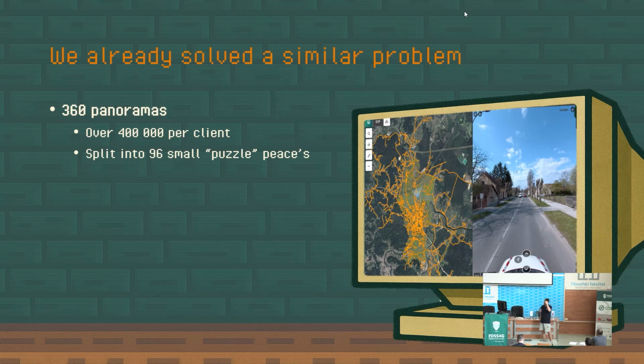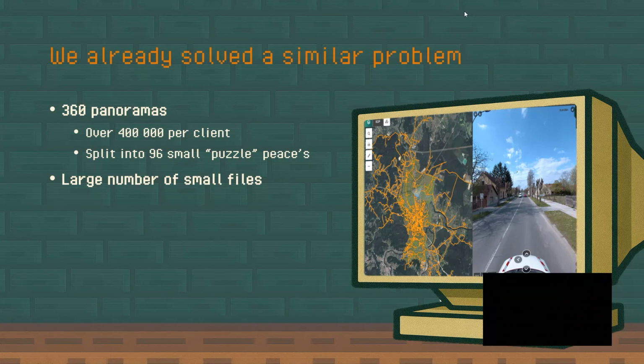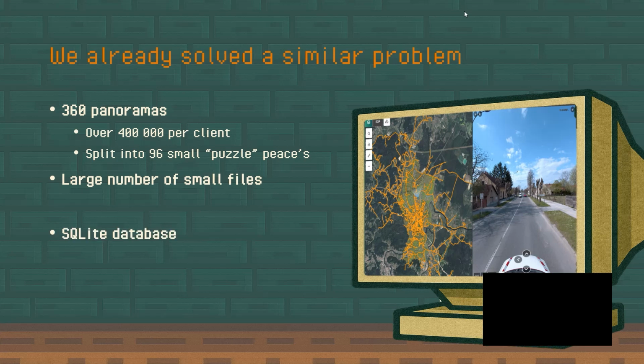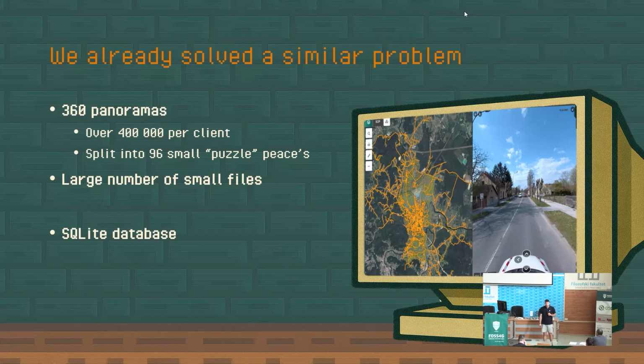So we had that problem with a large amount of small files already. And how did we solve it? Well, we decided to package them all up into an SQLite database.